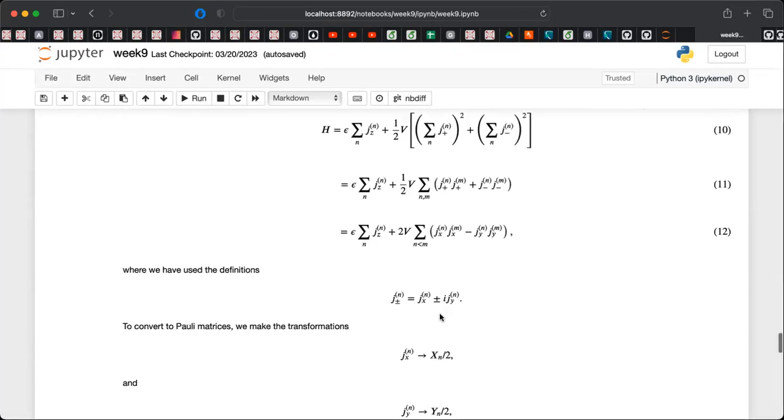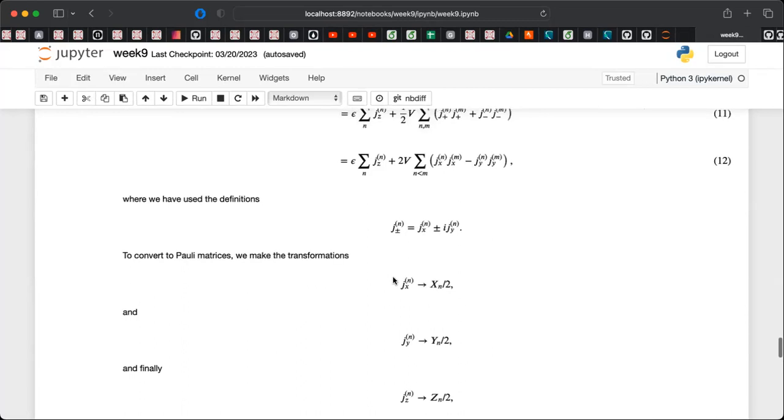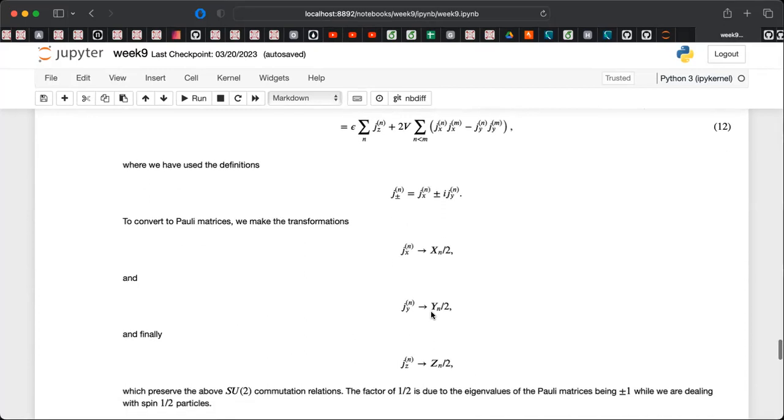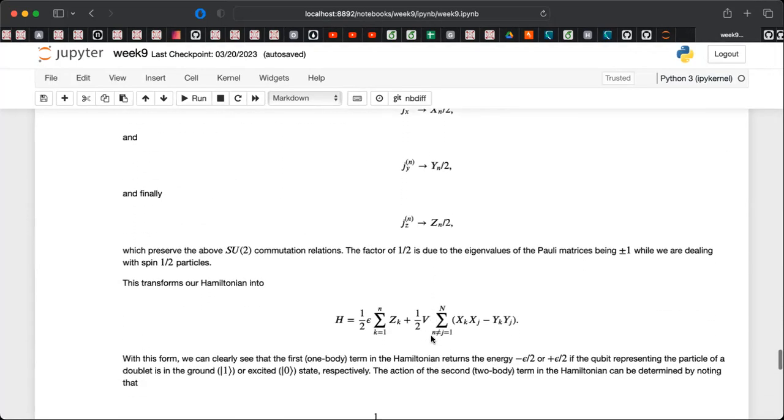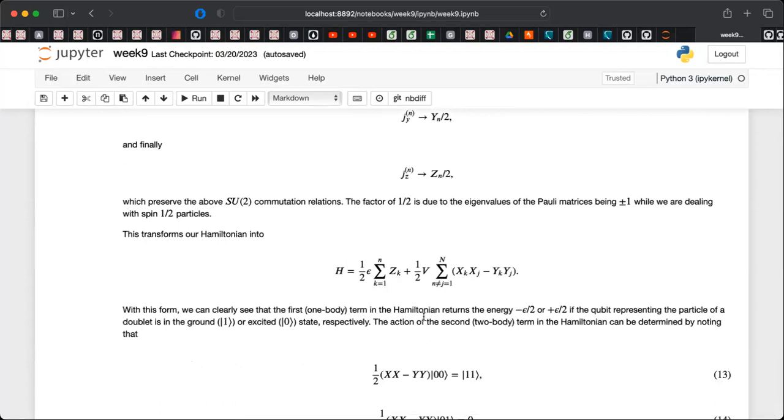So what we end up doing is to rewrite this single particle operator, which previously was written in terms of second quantization operators, in terms of the Pauli X, the Pauli Y, and the Pauli Z matrices. And that means that we can rewrite our Hamiltonian in terms of a set of Pauli Z matrices and the product of two Pauli X matrices and two Pauli Y matrices.